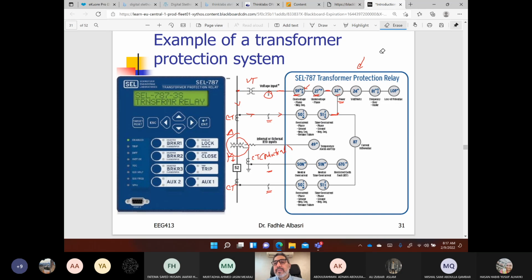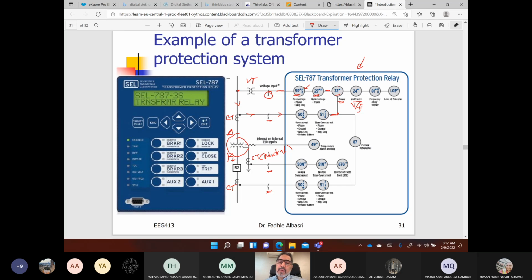Okay, so there is another function that is also based on voltage, which is the V over F, voltage over frequency function.